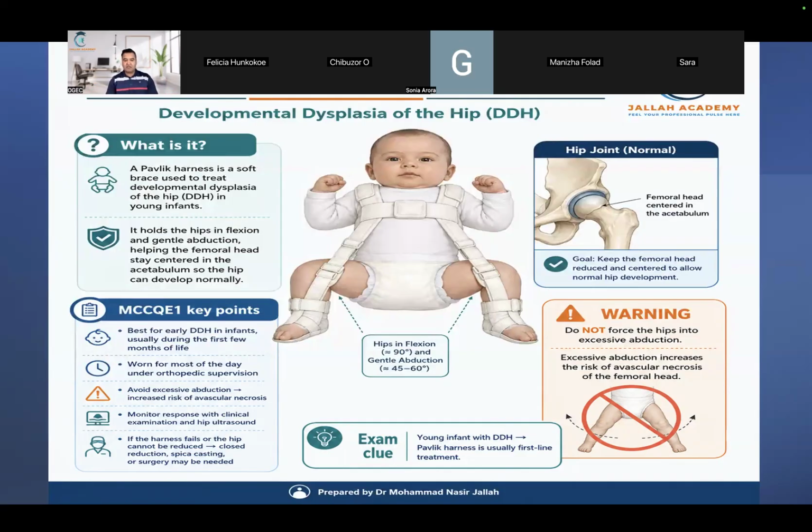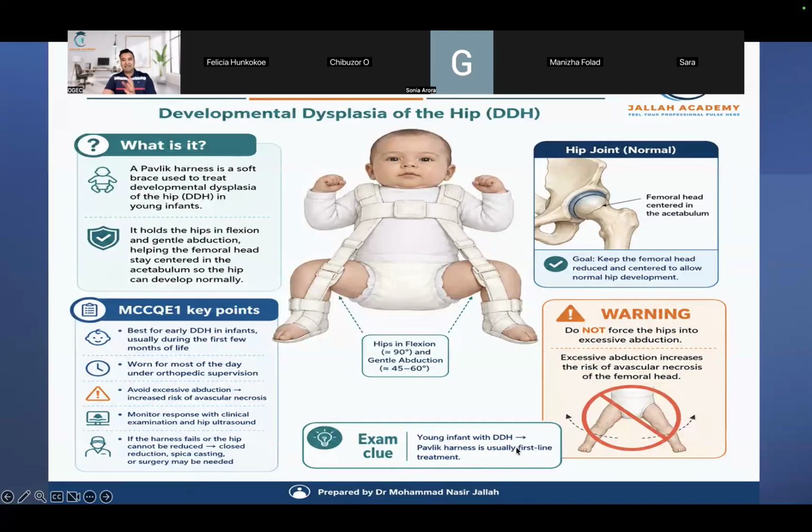Worn for most of the day under pediatric supervision. Avoid excessive abduction, as it increases the risk of avascular necrosis. Monitor response with clinical examination and hip ultrasound. If the harness fails and the hip cannot be reduced, closed reduction, spica casting, or surgery may be needed. So it means if it doesn't help, then you need to involve the specialist.